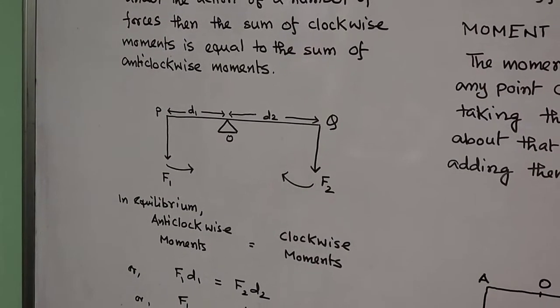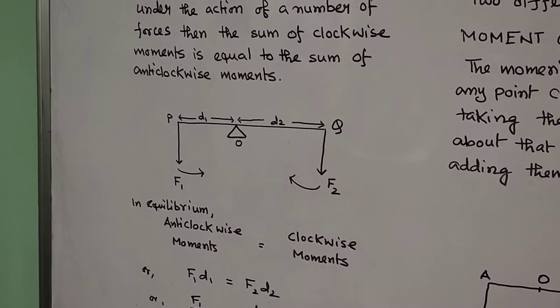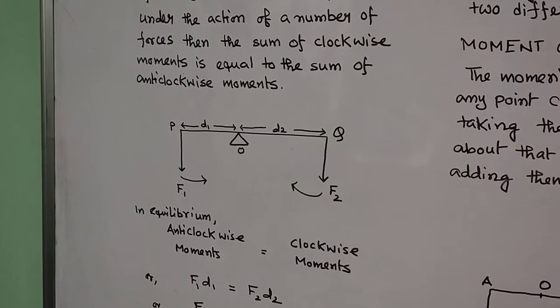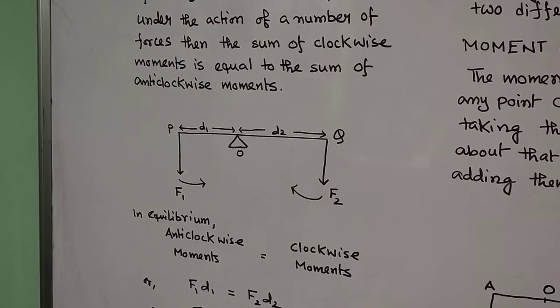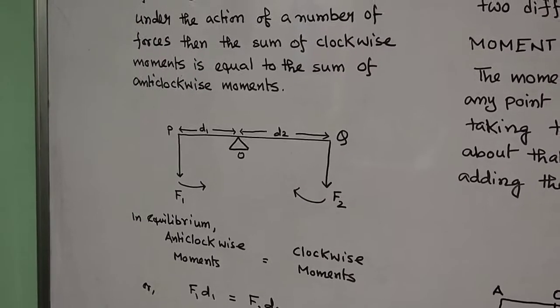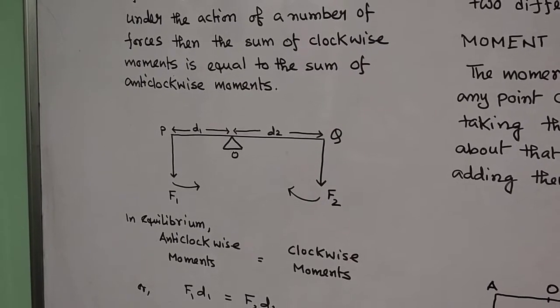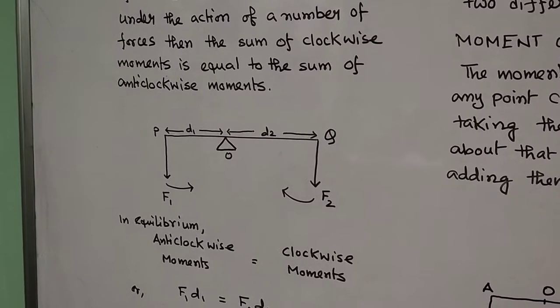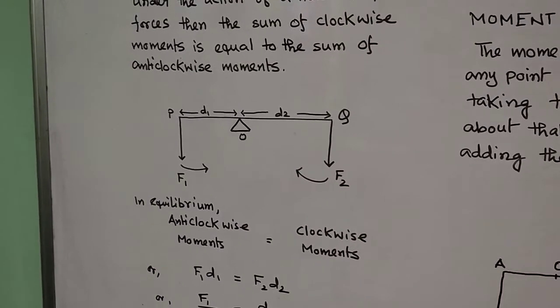That is your translational equilibrium. But in rotational equilibrium, basically the moment of force about O, if you consider D1 and F1, gives you the anti-clockwise direction. In equilibrium, the anti-clockwise moment is equal to the clockwise one, if you consider OQ and F2, which is in the clockwise direction.